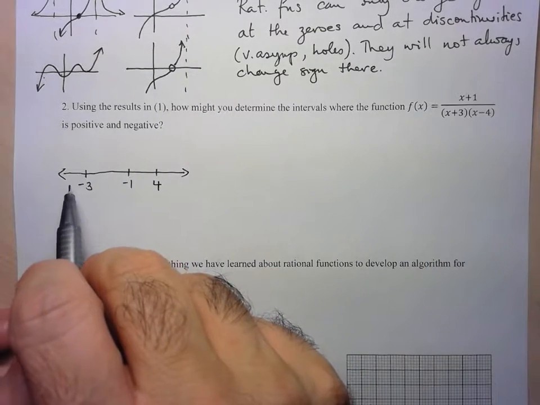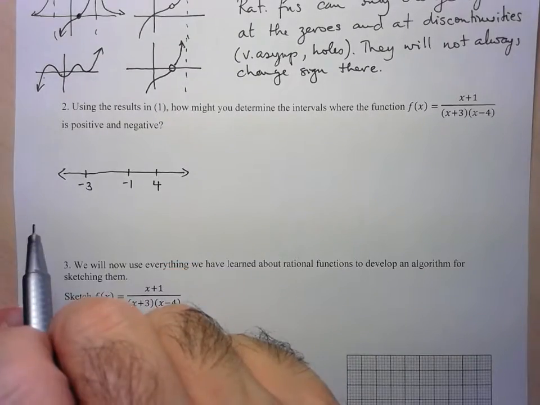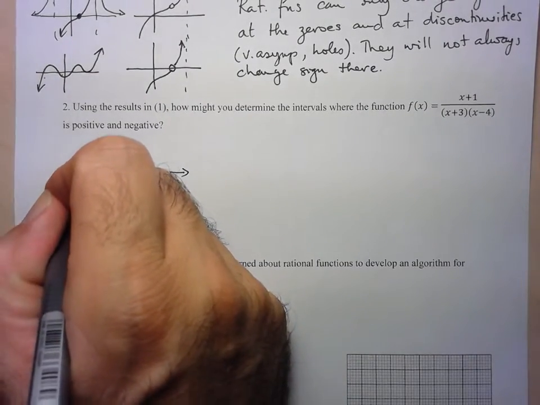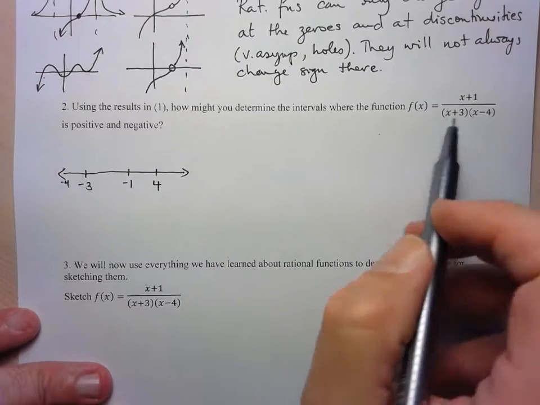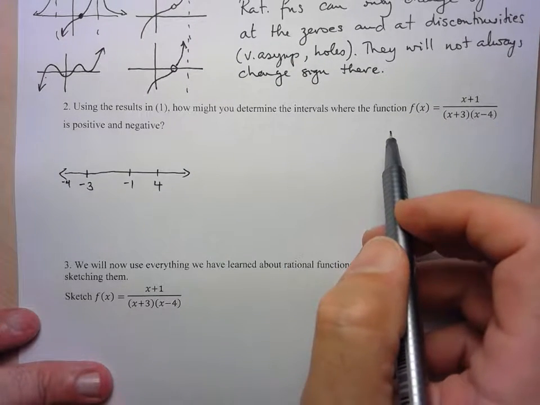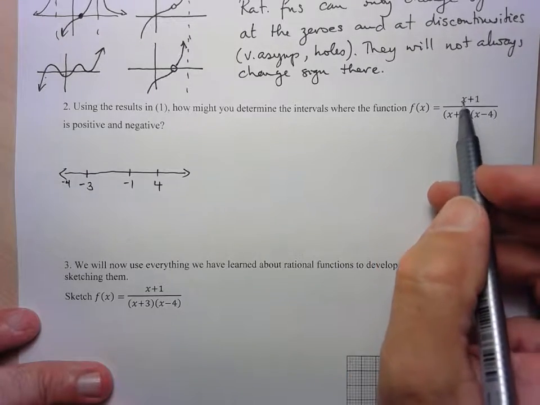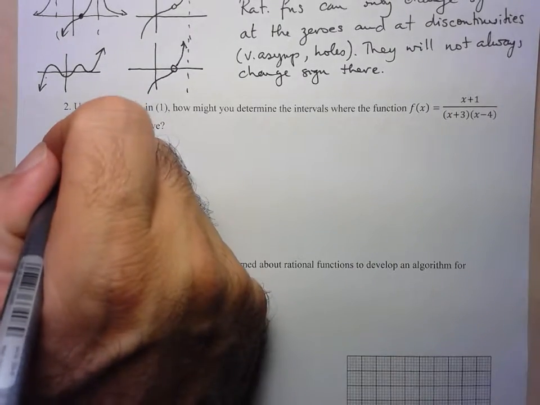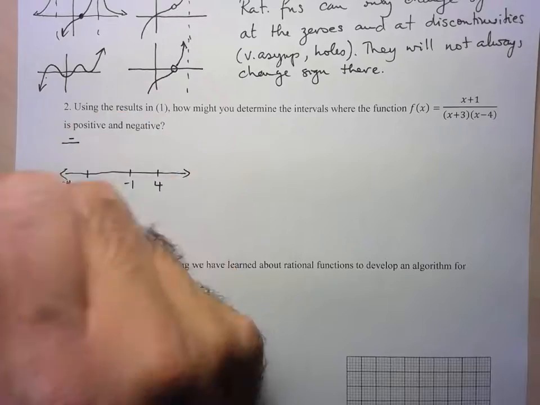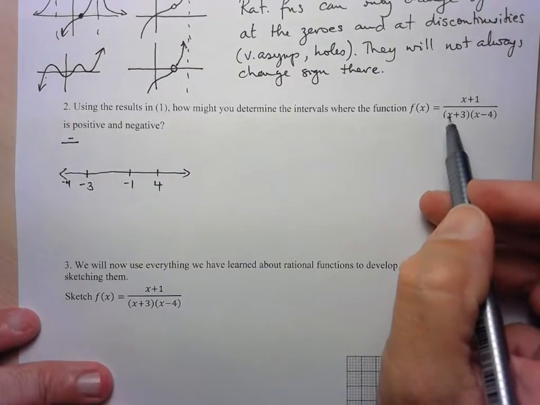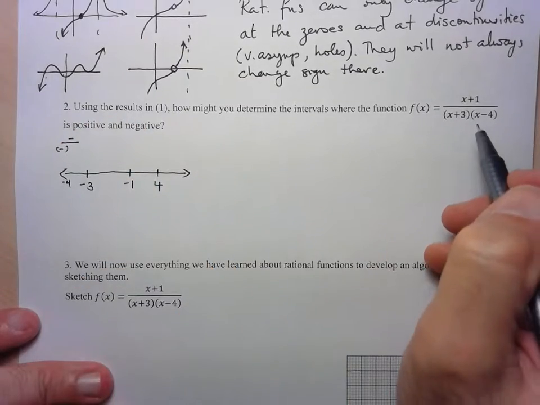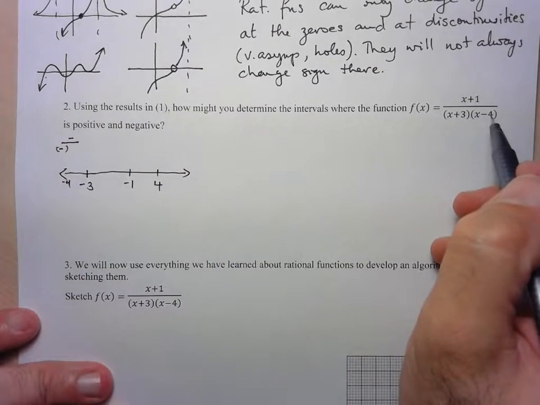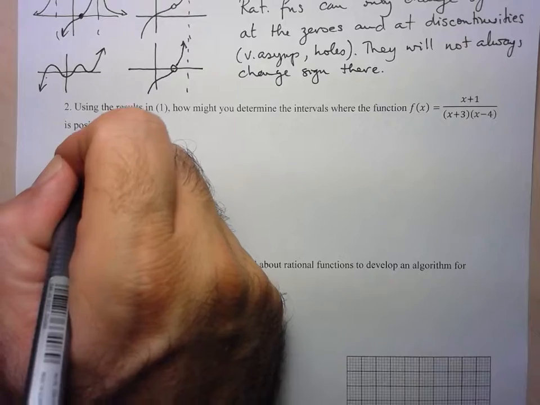First of all, let me take any number less than -3. So let's say I take -4. I'm going to put -4 into each of these terms and determine the sign. Here, -4 plus 1 is -3, so in the numerator we have a negative. In the denominator, -4 plus 3 is -1, still negative, and -4 minus 4 is -8, still negative.